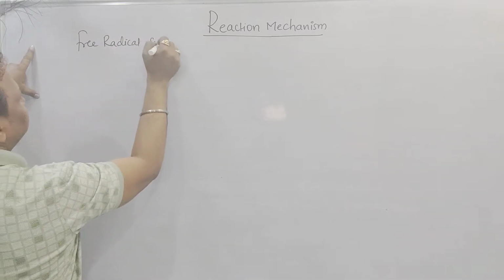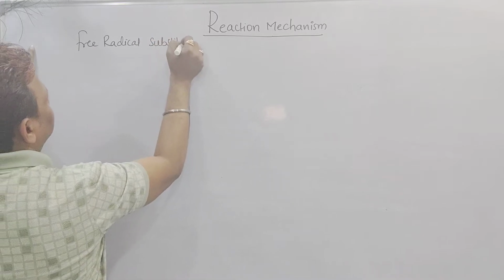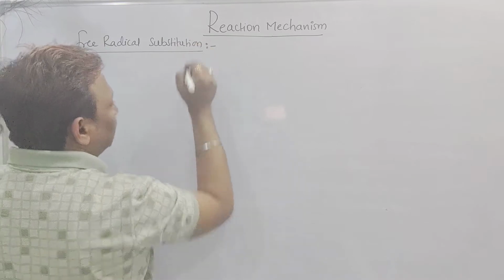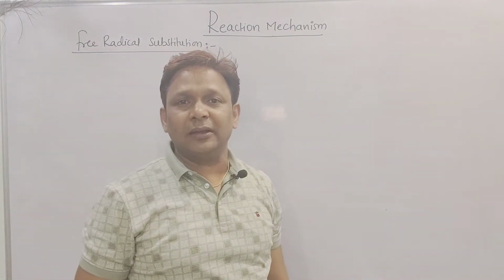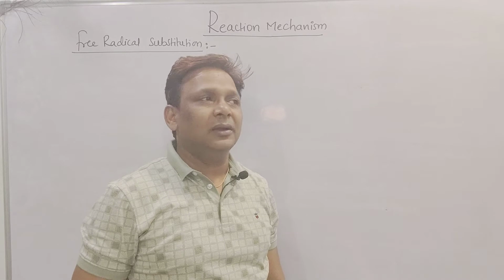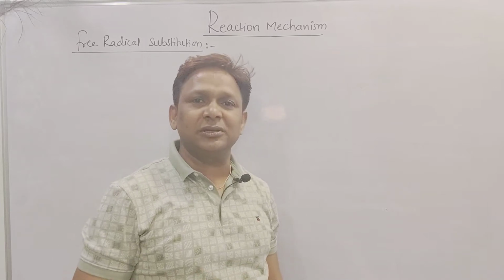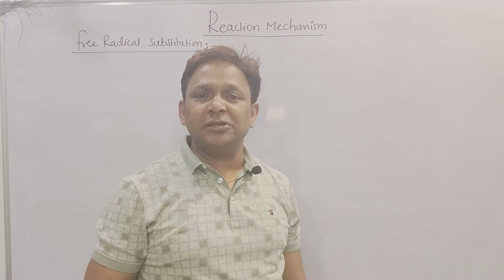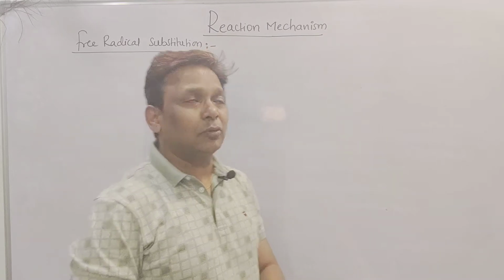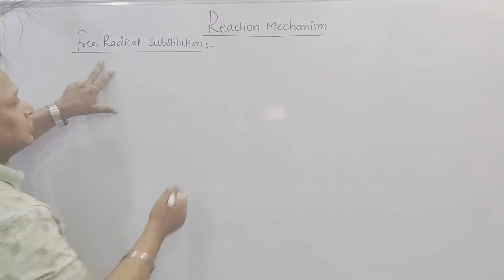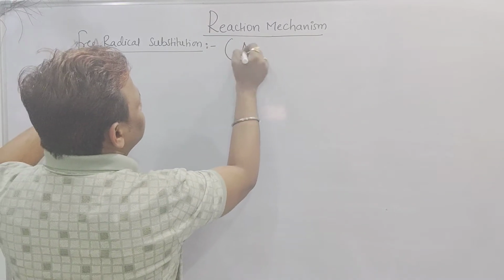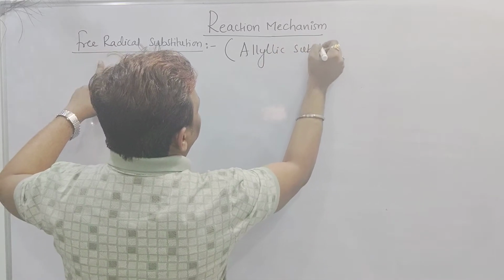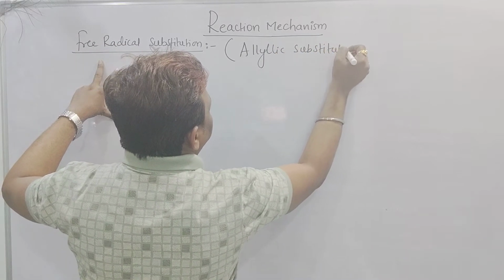Till now we have completed halogenation of alkane, meaning addition of halogen to the alkane, called chlorination, bromination and iodination. We have even seen the mechanism involved: initiation, propagation and termination. But today in class, for free radical substitution, the part we are going to discuss is called allylic substitution.